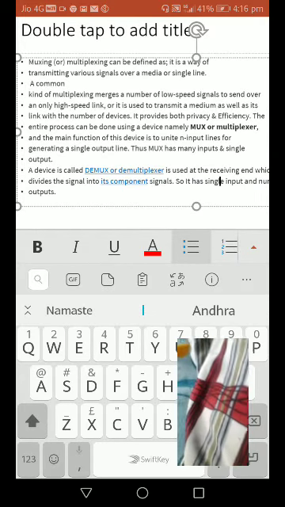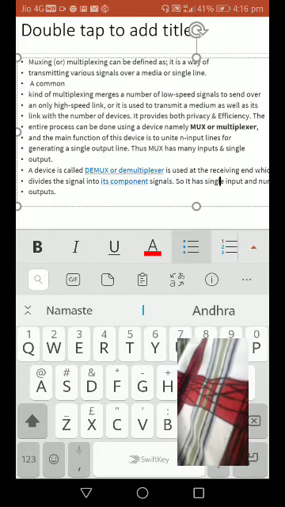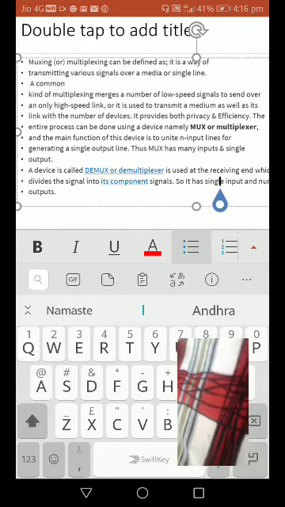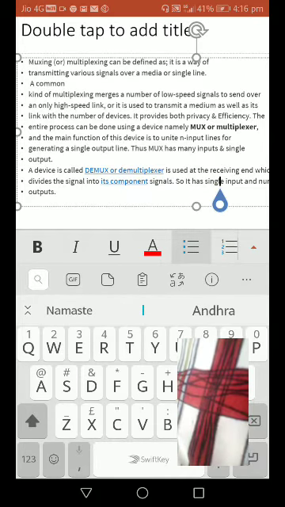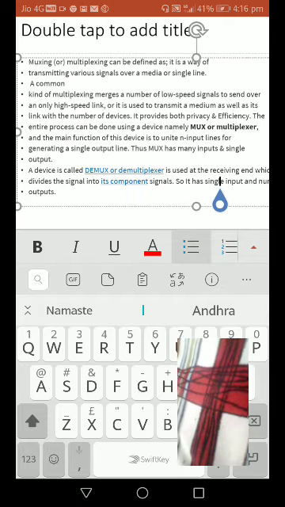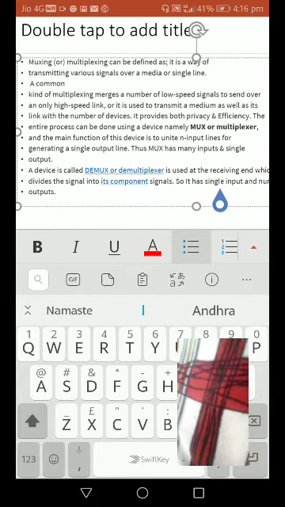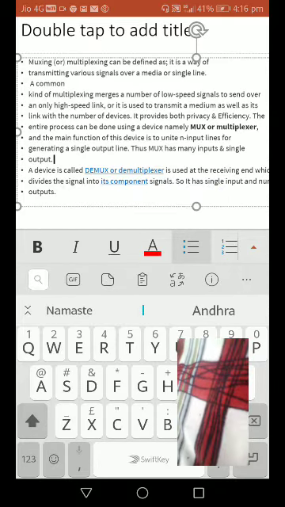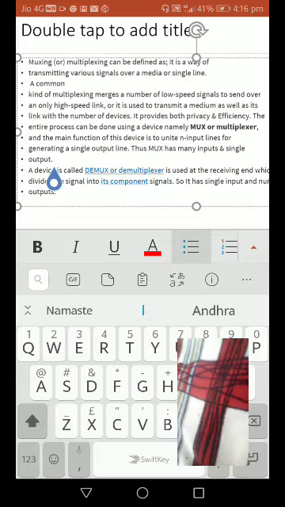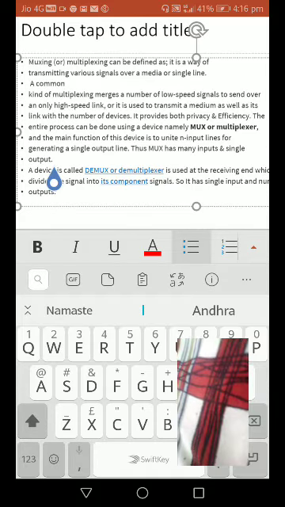The main function of these devices is to unify n lines or n users into a single output line.